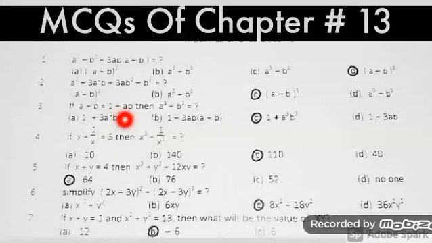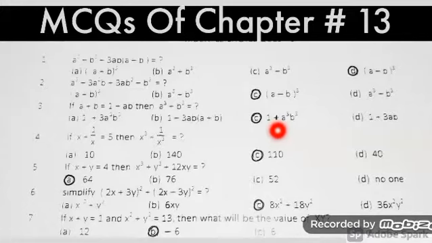Then we will expand the cubes by using the identity a plus b whole cube is equal to a cube plus b cube plus 3ab multiplied by a plus b. When we open the cubes, some terms will be cancelled, and the answer of a cube plus b cube will be equal to 1 plus a cube b cube.